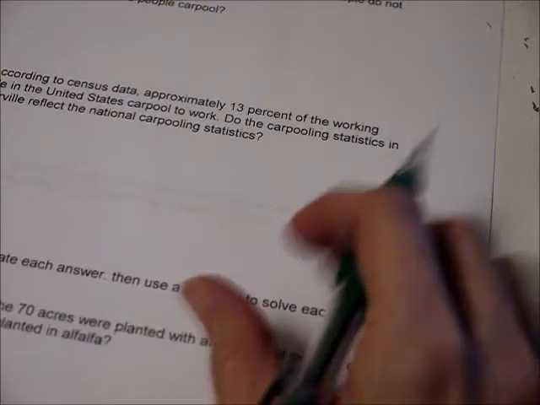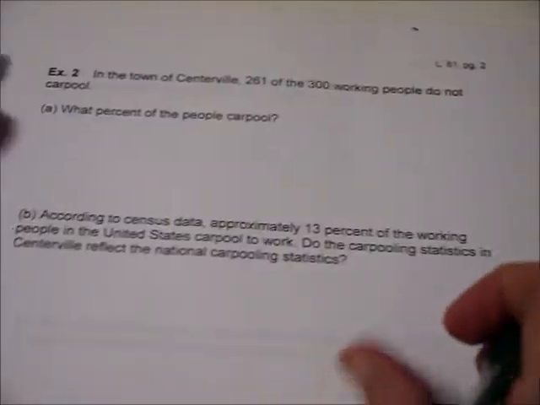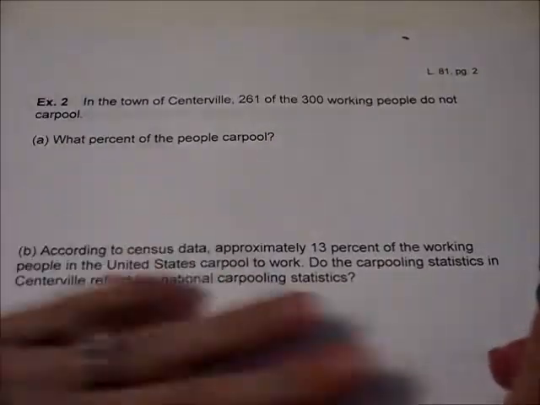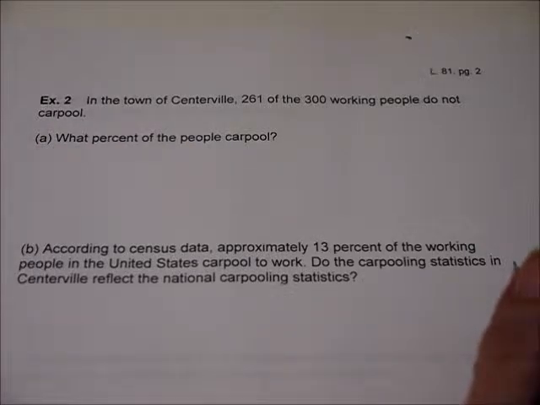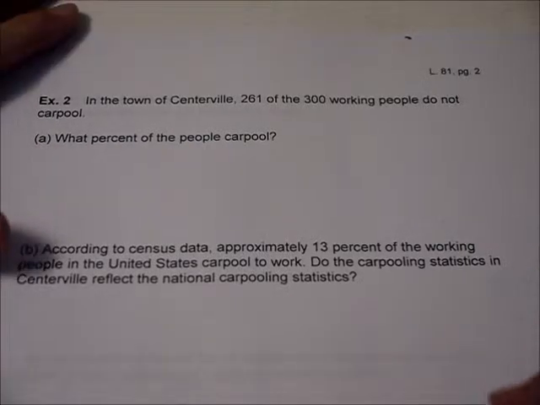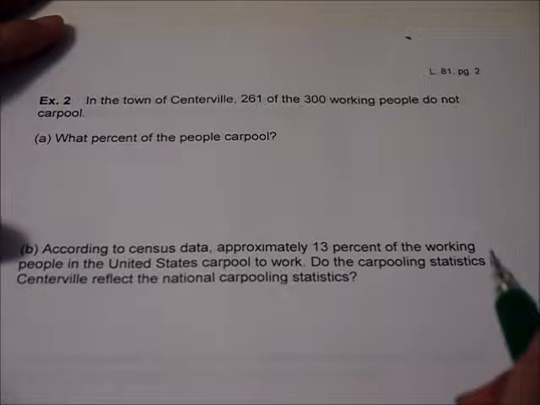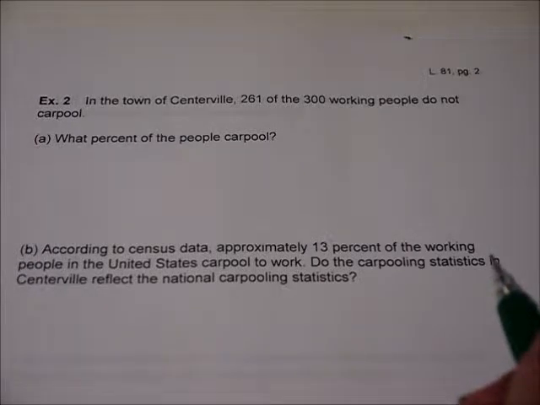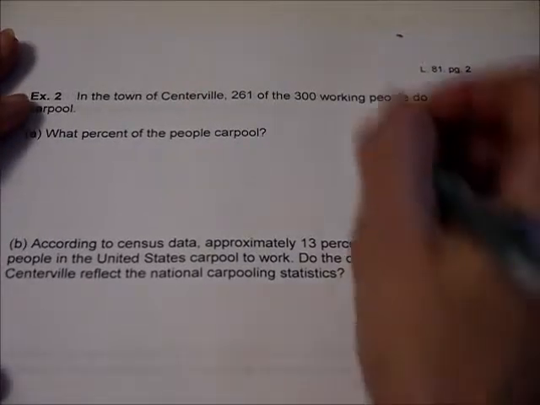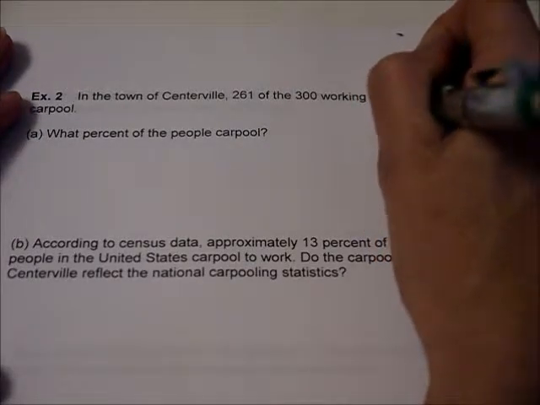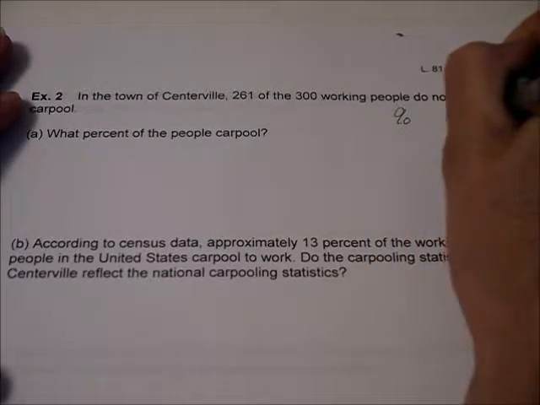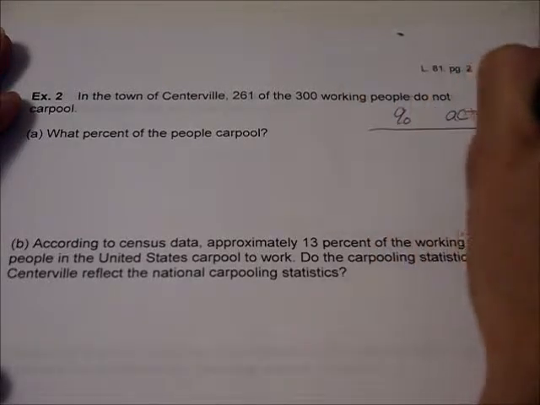And we have one more example, and then you'll get to do the practice, okay? This is a shorter question. In the town of Centerville, 261 of the 300 working people do not carpool. What percent of the people carpool? Okay, so we could do this with the chart if we want. We could say percent, actual, right?